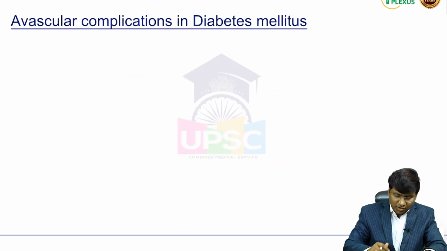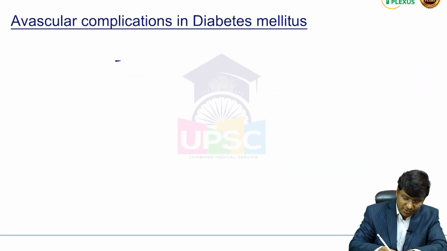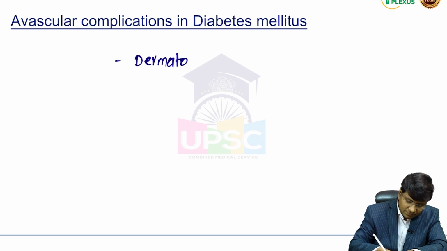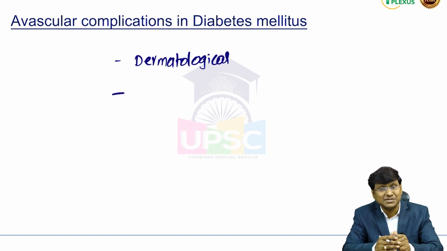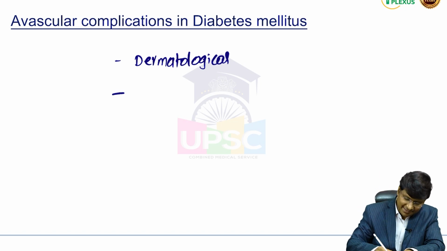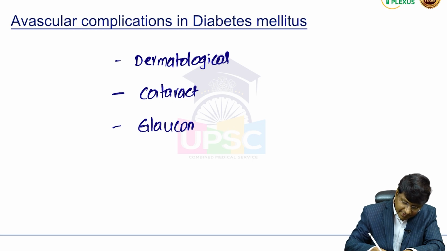Then, what are all the various avascular complications observed in diabetes mellitus? One is the dermatological complication that just now I have discussed, that is necrobiosis lipoidica diabeticorum, acanthosis nigricans, and as well as the non-healing ulcers. And the other avascular complications are the development of cataract, next is glaucoma, right?